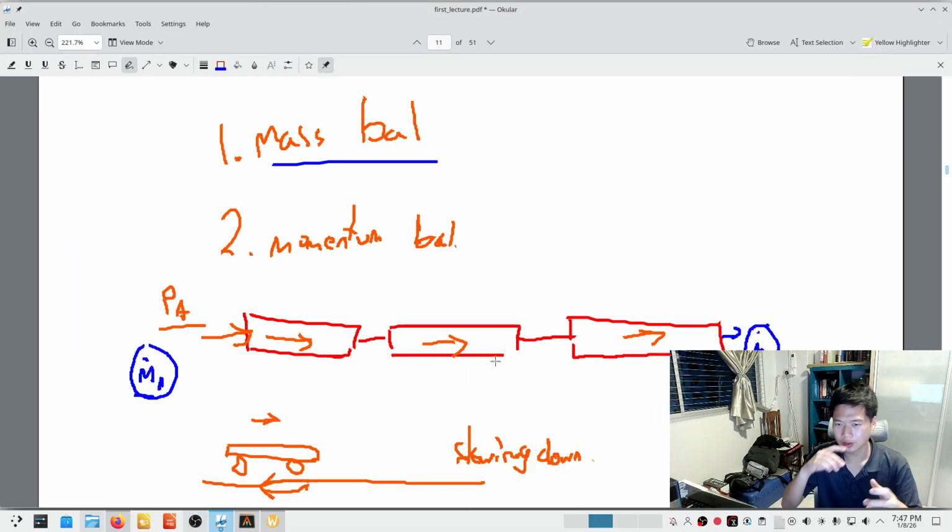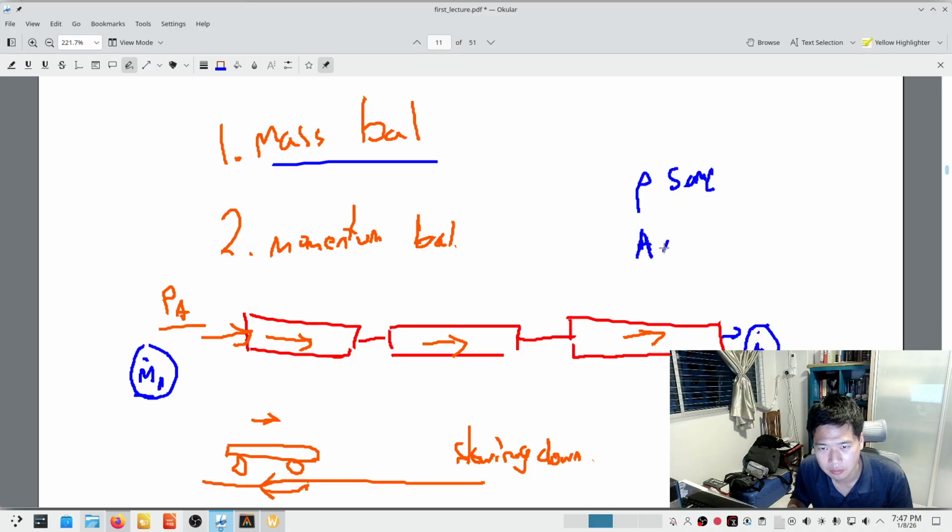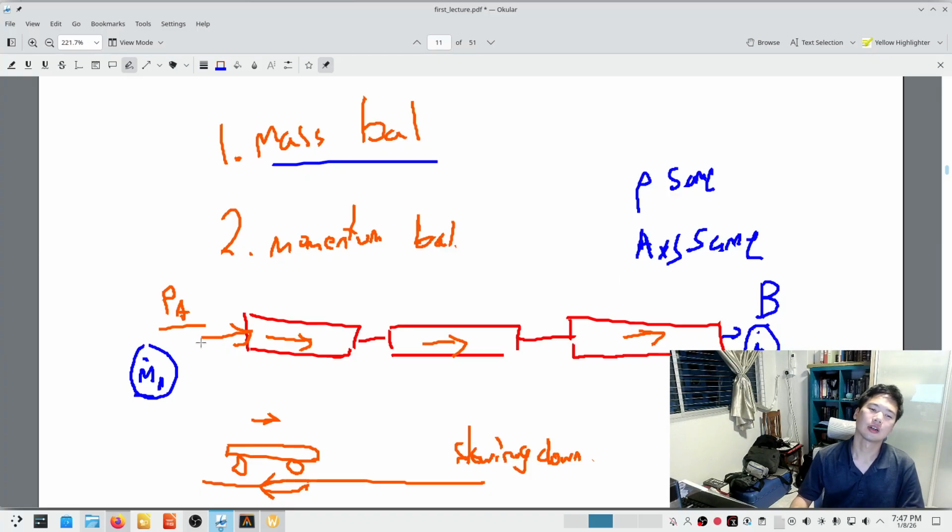So if the conservation of mass applies, and the density is the same, and the cross-sectional area is the same, what happens is that if fluid flows in the pipe from point A to point B, the velocity is the same.